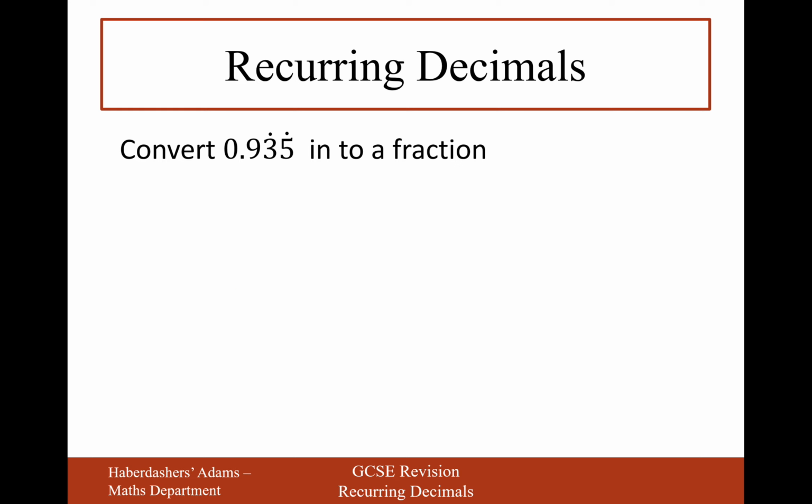Let's move on to another challenging question. This one is 0.935, with the 35 recurring. So it would be 0.9353535 with the 9 at the front. Pause the video, give this question a go. Alright, let's get going then. So it's going to be x equals 0.935353535.